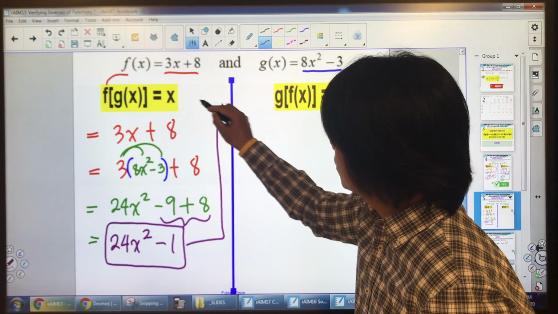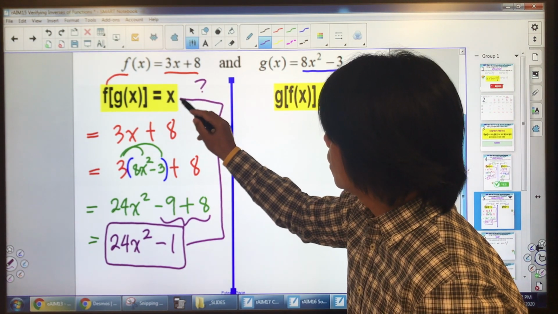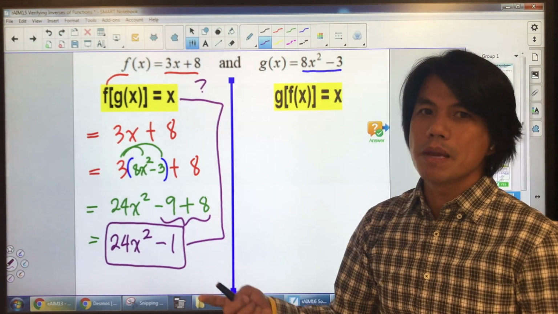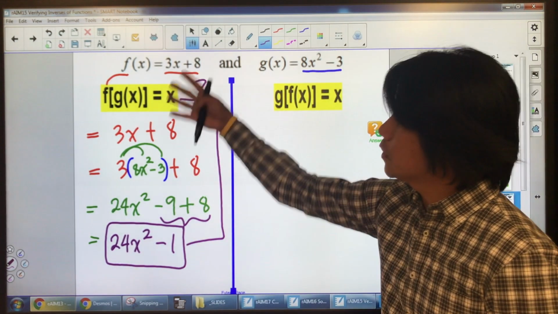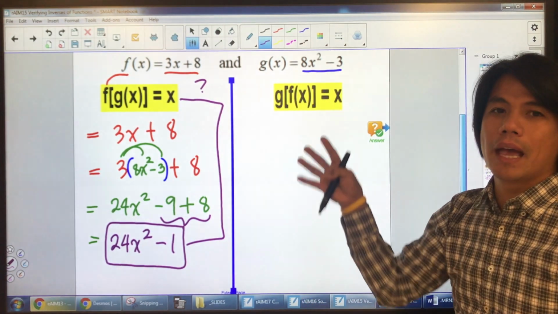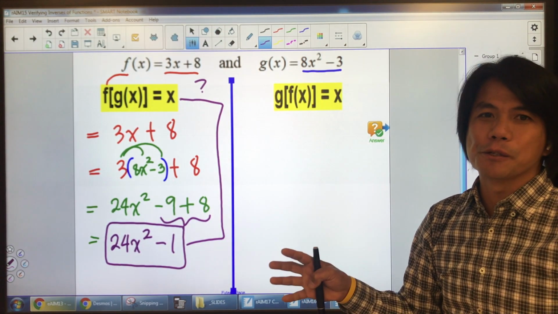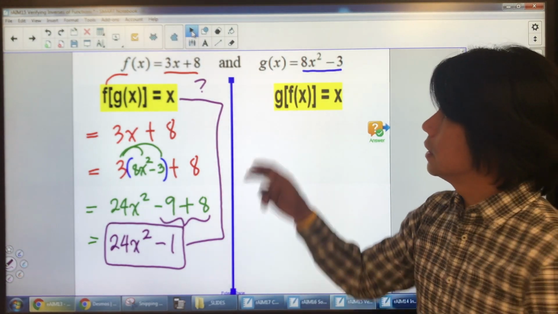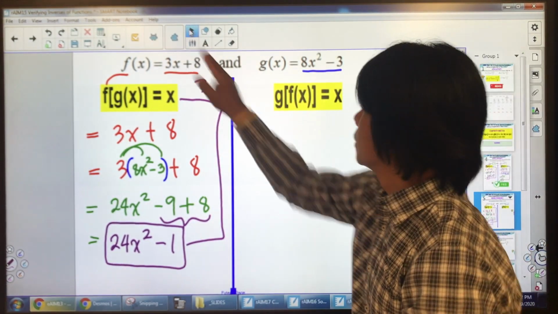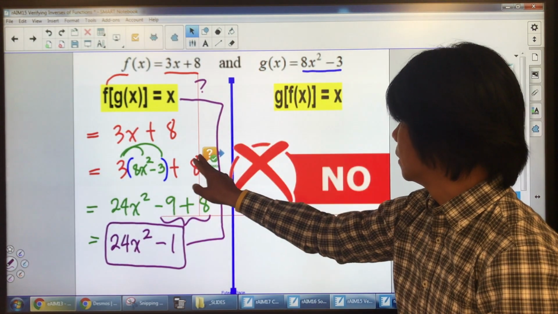But is that the same as this? So no, it's not. It's not a single x. So what does it mean? It fails on the first half of the test. So do you have to take the second half? You don't have to. You can already say that these two functions are not inverses of each other. So the answer is no.